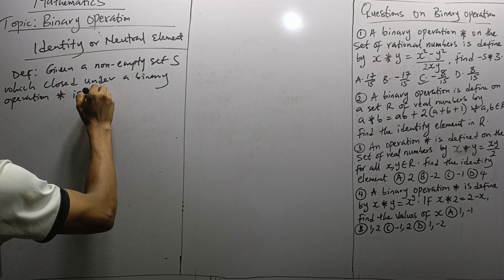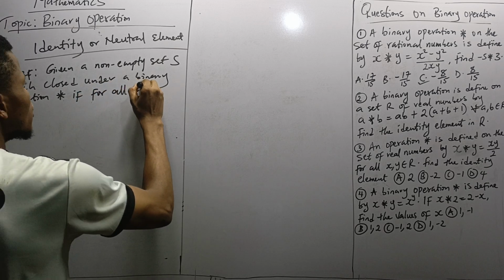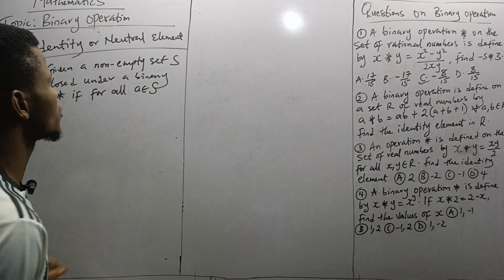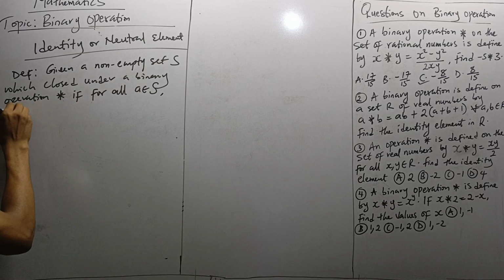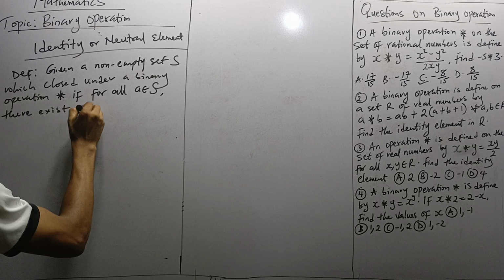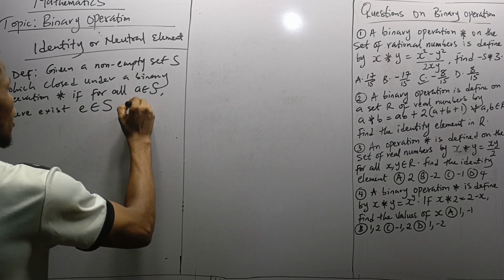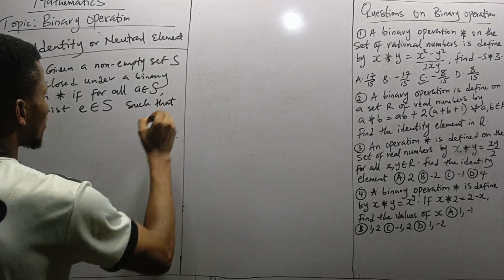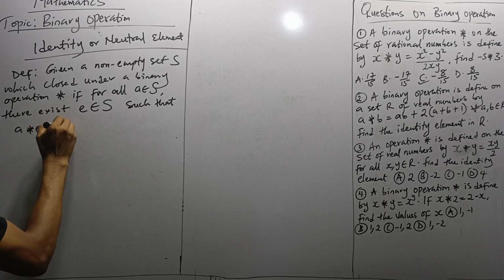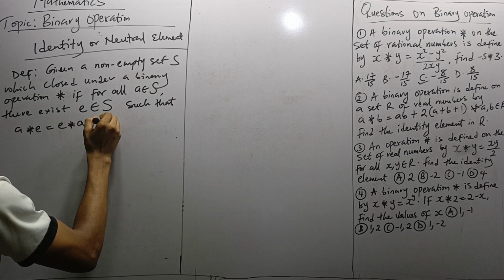So if for all A in X, for any element found in X, there exists another element E, which is also found in set X, which is a non-empty set, such that A operation E is equal to E operation A, which is equal to A.